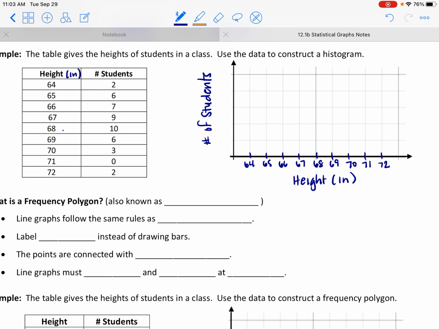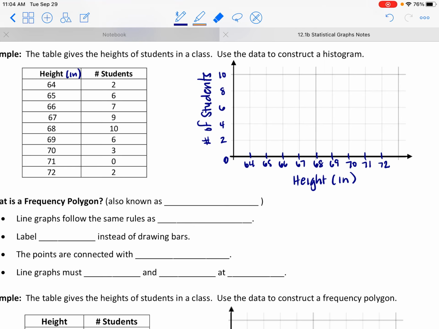And now our vertical axis has to start at 0, so we want this to be a 0 here. And then we want to spread the data out as much as we can, but we also have to make sure we fit everything, right? So the highest number we have is 10, so I think it would be reasonable to go 2, 4, 6, 8, and 10. If we go by 2s, we could fit everything in there, and we've spread it out as much as we possibly can.